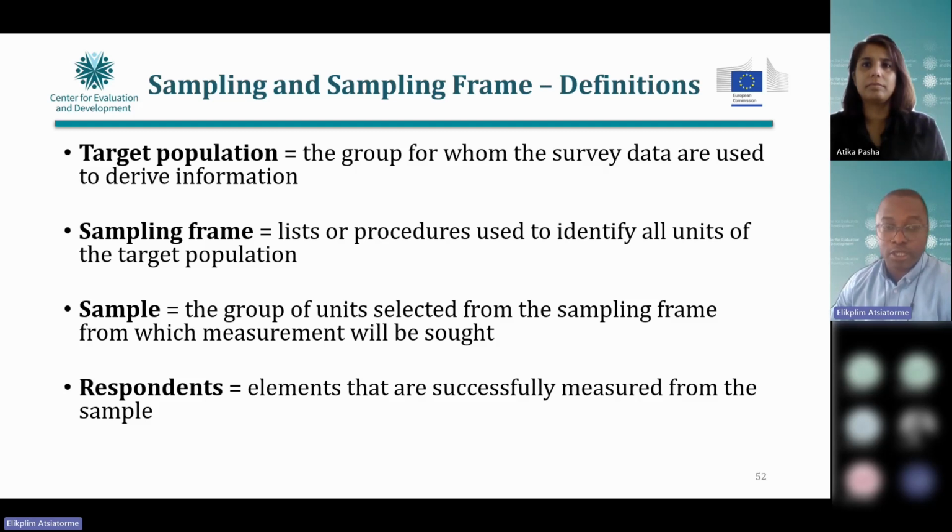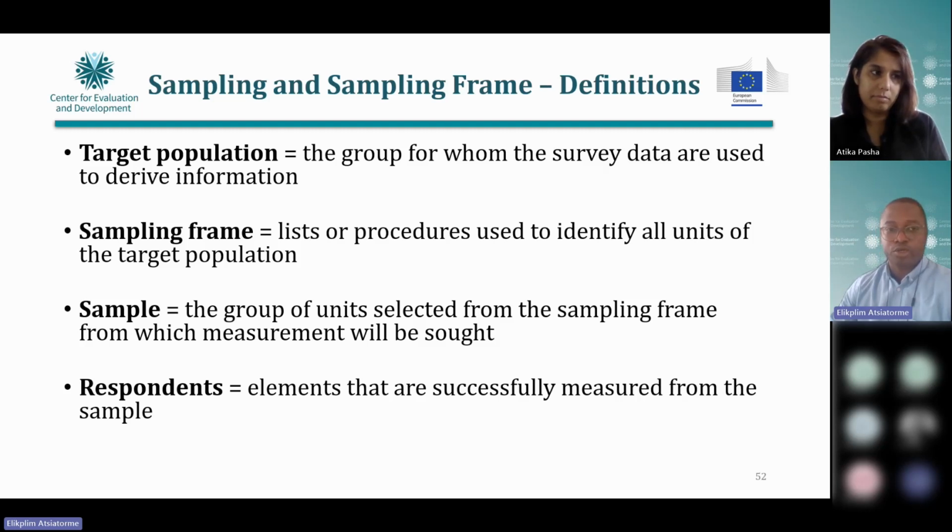Also, we talked about sampling and how sampling in itself is critical to quality data collection. We talked about the different definitions: a population being the group that you want to make inferences to, the sampling frame referring to the different units within the population that you want to study, and the sample itself, which is the units that you would pick out of the population to study.